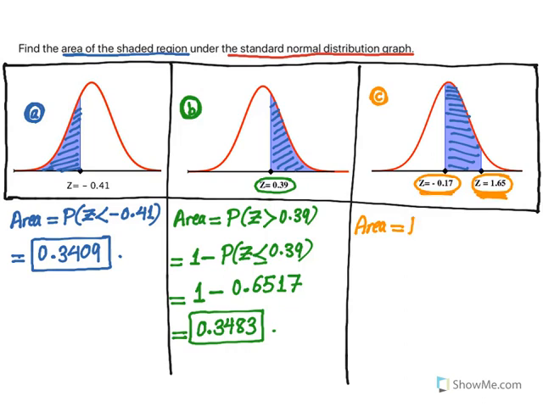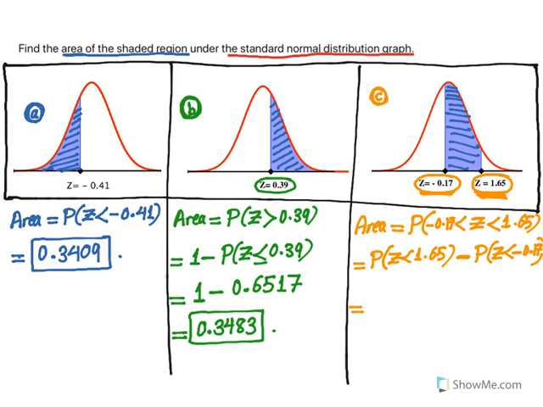So this is the same as saying I want the probability that Z is between negative 0.17 and 1.65. And this is the same as taking the larger area, which is the probability of Z less than 1.65, and subtracting from it the probability of Z less than the smaller number, negative 0.17.